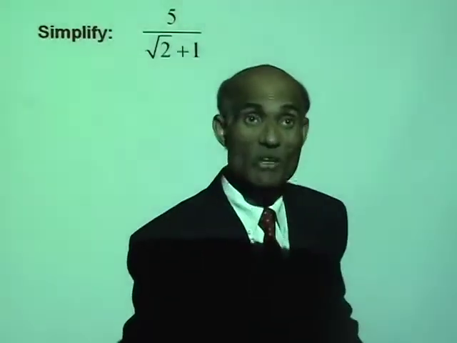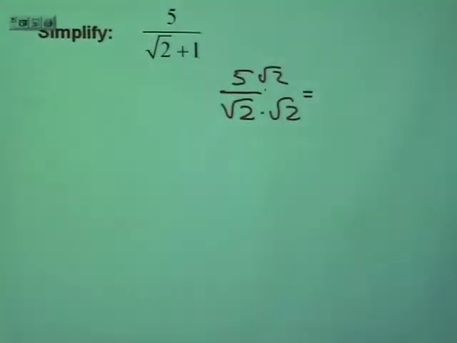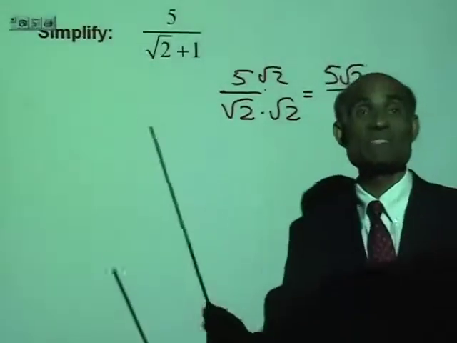Now previously, what did we do? Let me take you back. I know some of you need this revision. When you had, say, 5 over square root 2, we multiplied numerator and denominator by square root 2, and we produced the answer 5 square root 2 over 2, isn't it? This is what we did in the previous lesson.